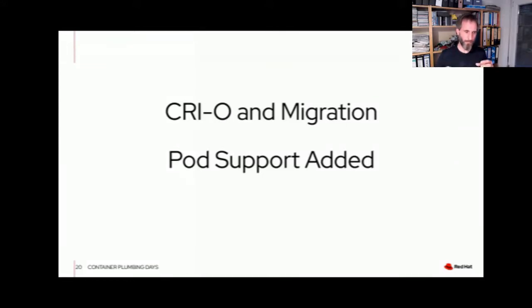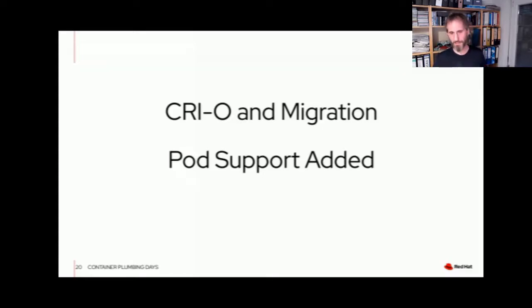Because if I do a pod checkpoint in CRI-O, I basically do a checkpoint for each container, and then I save some metadata about the information that makes up the pod. And on restore, I'm not restoring the pause container, which holds the namespaces open.